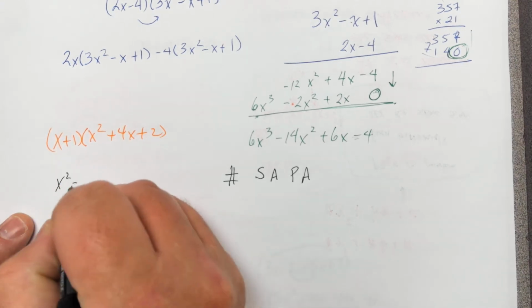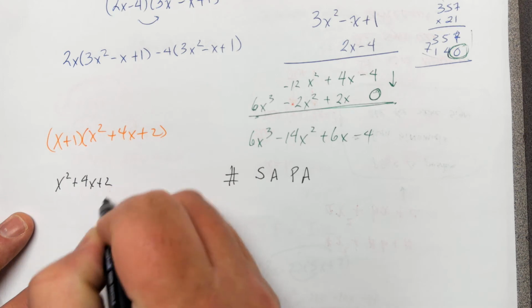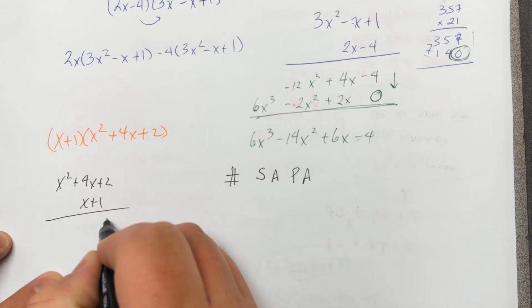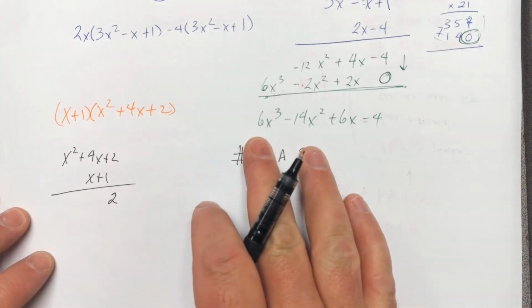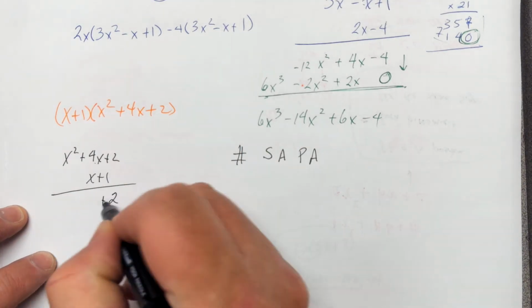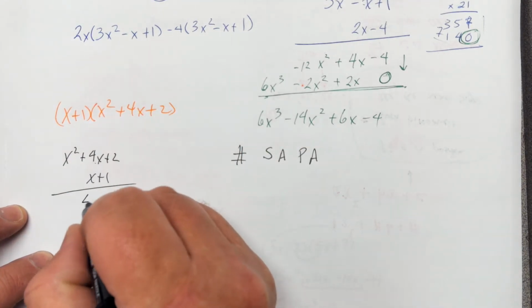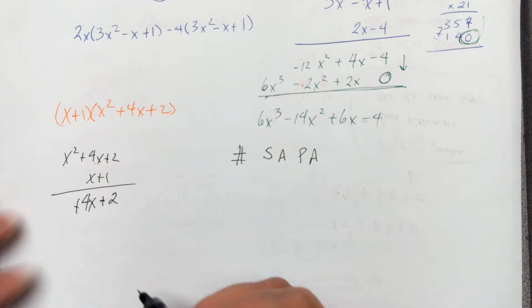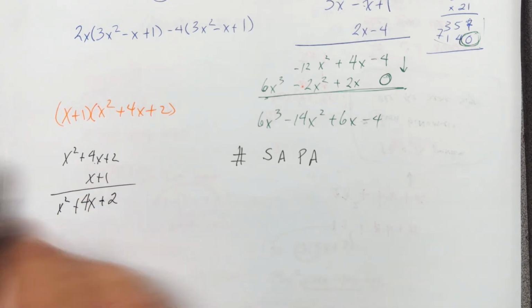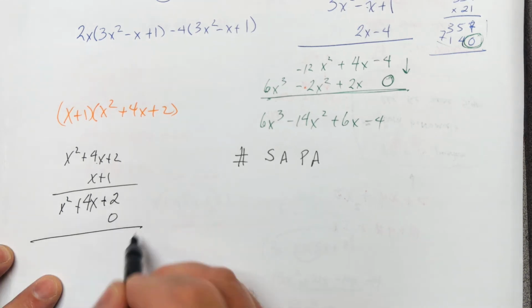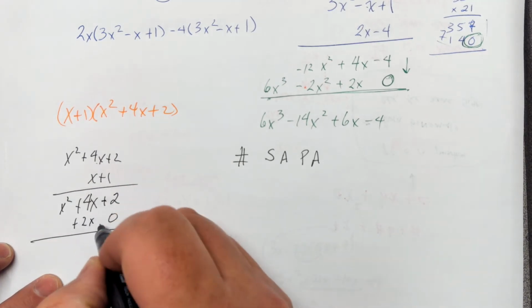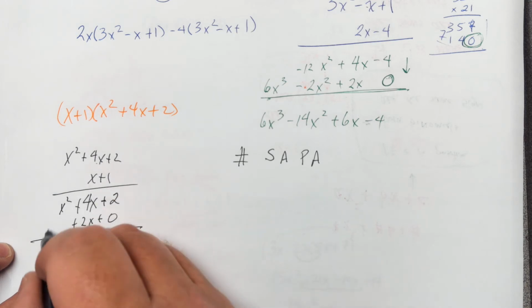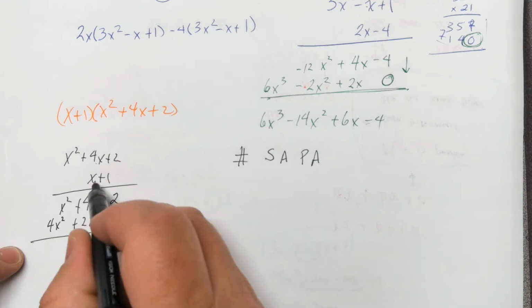All right, so let's see here. x squared plus 4x plus 2, times x plus 1. When I do these, I have to go very slow. So let's see. There's a plus in front of the 2, and then 4x, and it's plus x squared. Good. Then a 0. 2x plus 2x is 4x squared.